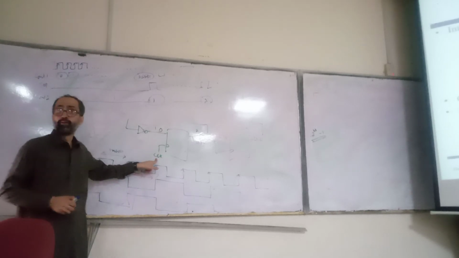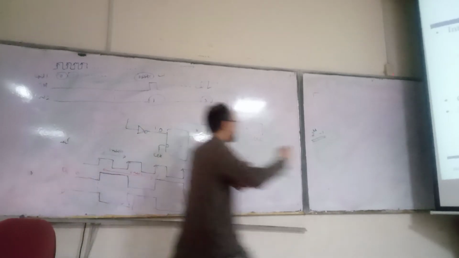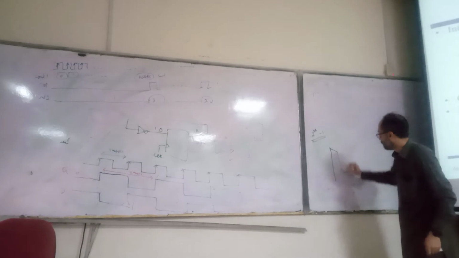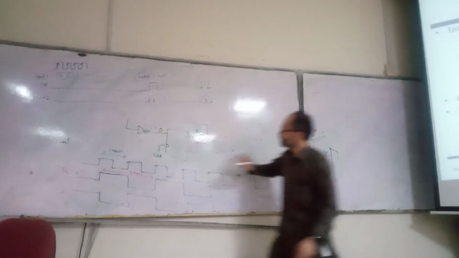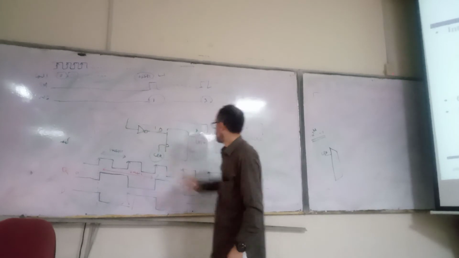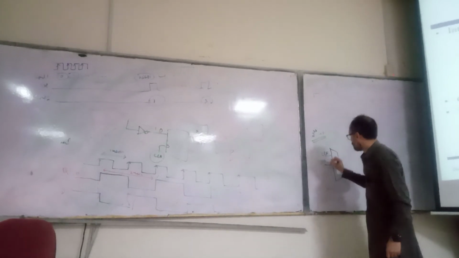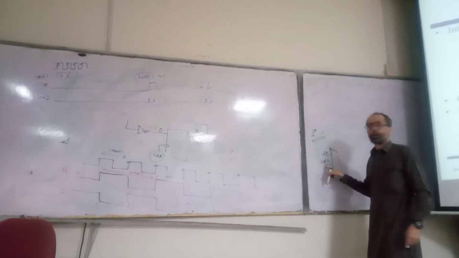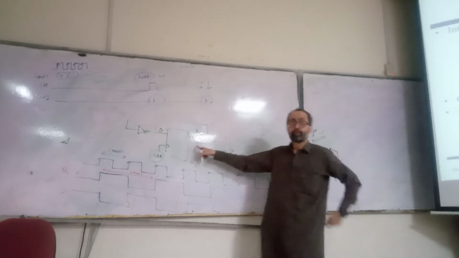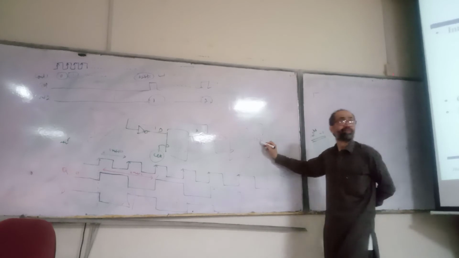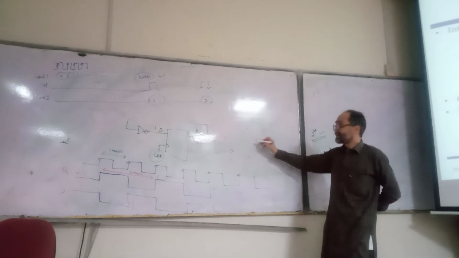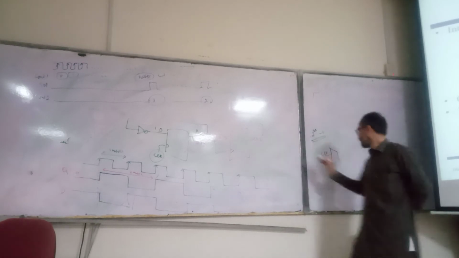Clock is the input, so now you can use a multiplexer. Clock is here, then clock divided by 2 is the output of the first flip-flop, and clock divided by 4 is the output of the second flip-flop.